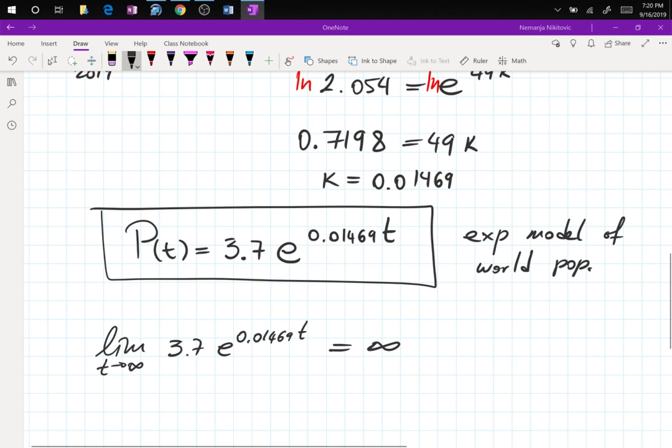So this model is clearly terrible because it doesn't predict when we reach what is called the carrying capacity of the planet. Scientists can't agree whether it's 10 billion or 15 billion or 12.1 billion, whatever it is, depending on which averages you're using. But we can pick any number we want between 10 and 15. Pick something.